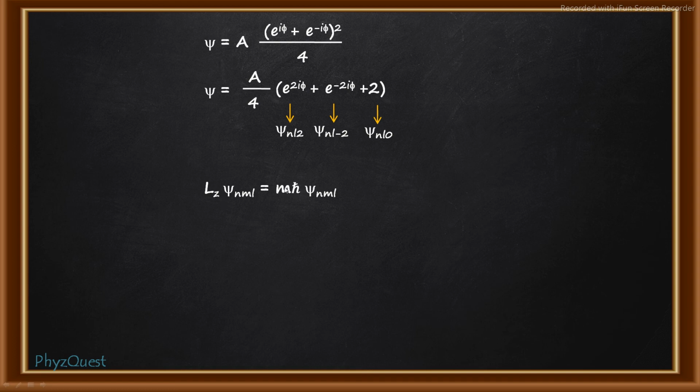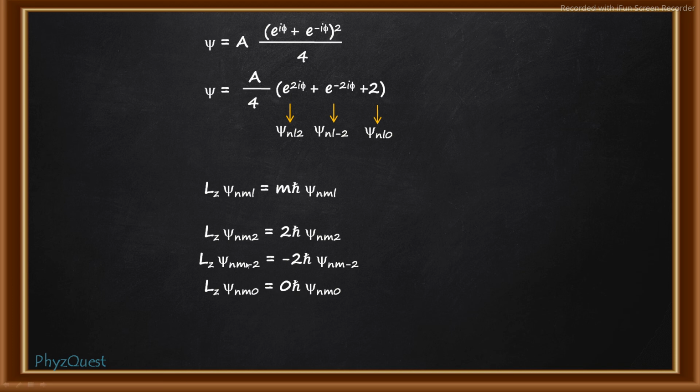In our case we have three possible wave functions, so the possible eigenvalues are 2 h cross, minus 2 h cross and 0 h cross. Therefore, in units of h cross, the eigenvalues are plus or minus 2 and 0.